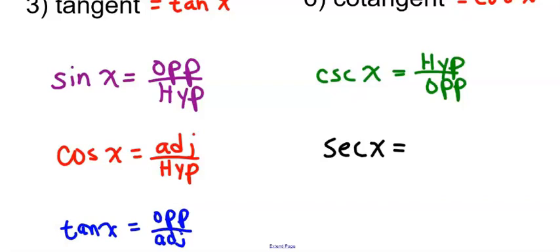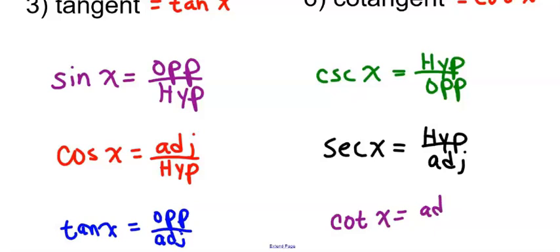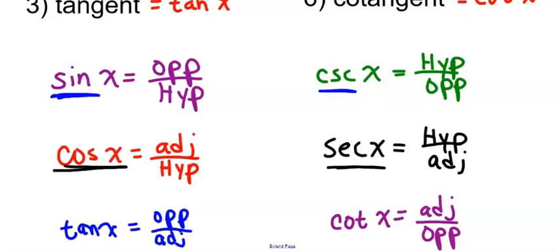So that's going to be hypotenuse over adjacent. And then for tangent, the reverse is cotangent, where we flip the fraction. So as you can see, our sine and our cosecant go together, our cosine and our secant go together, and our tangent and cotangent go together.